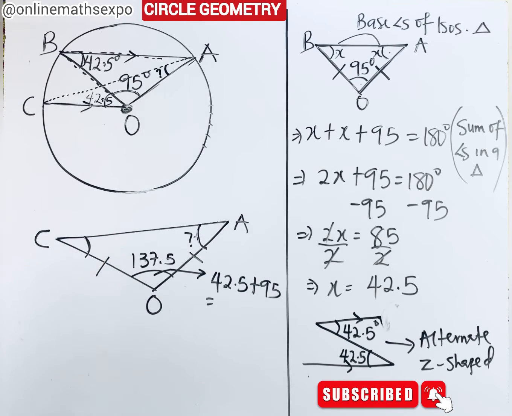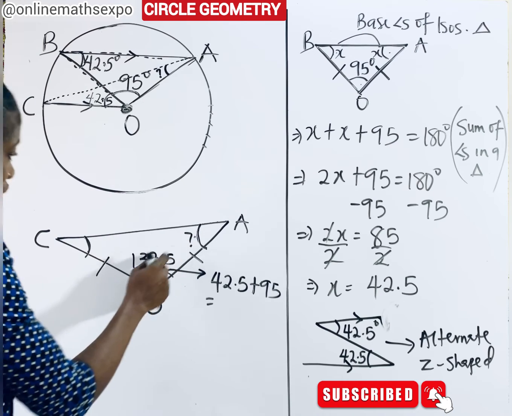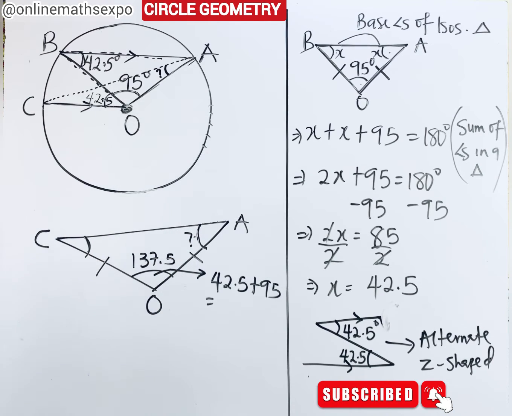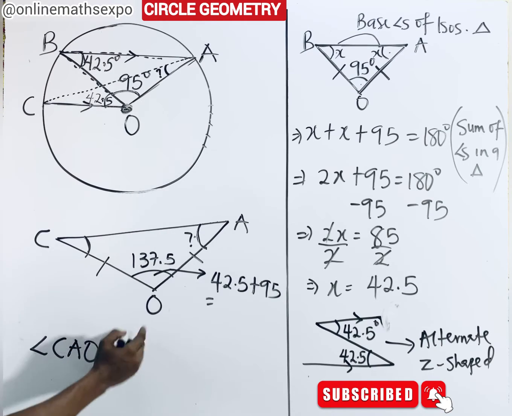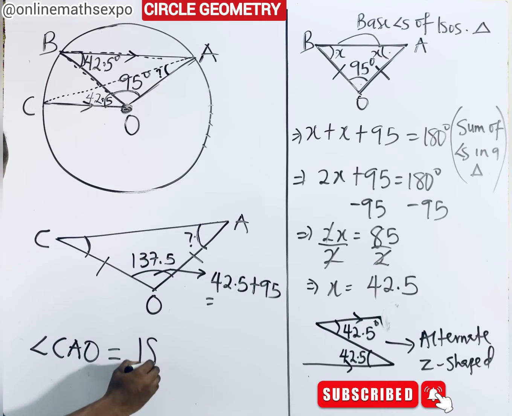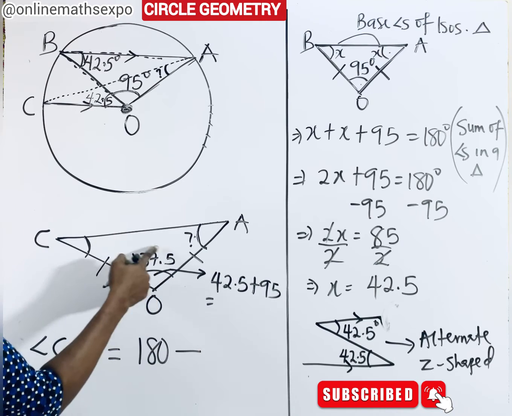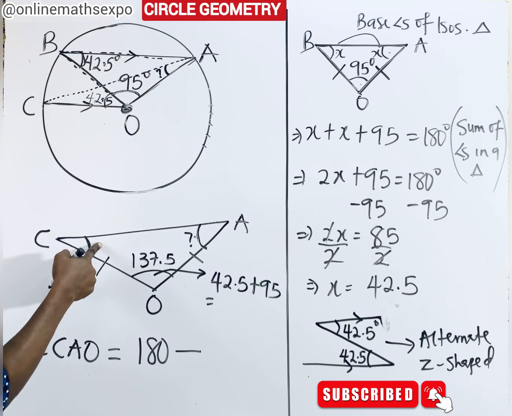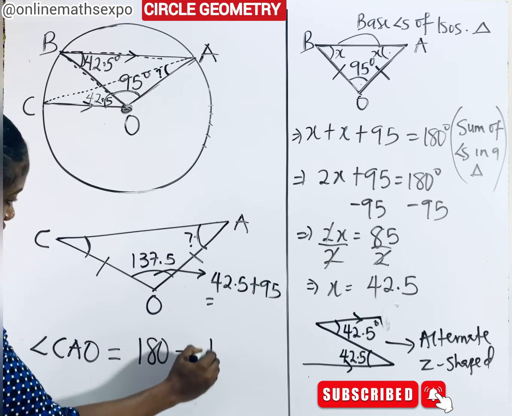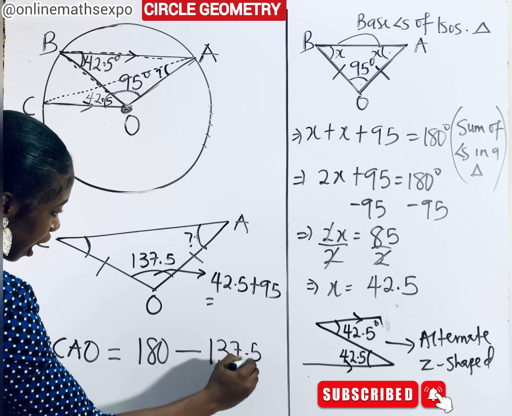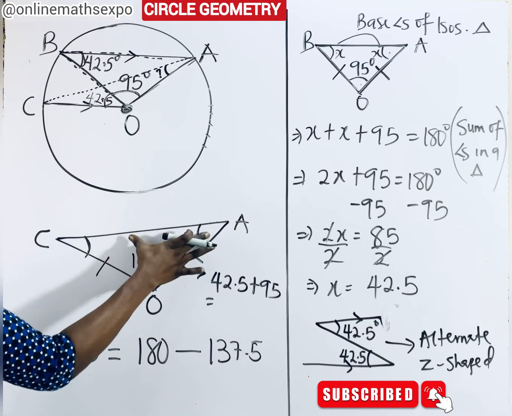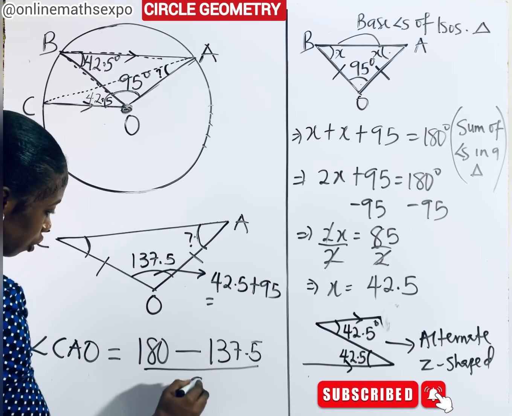So angle CAO is going to be 180 take away this one, 137.5. Because these two should be the same, you divide your result by 2.